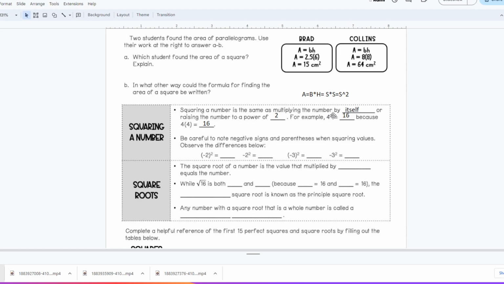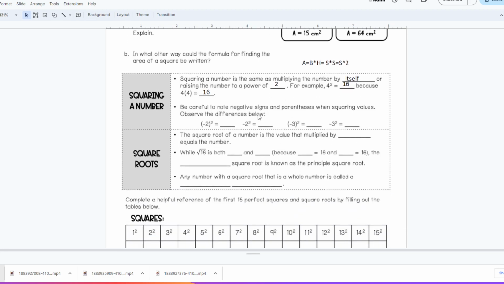So it's saying it wants 2 copies of 4. So 4 times 4 is 16. We've got 2 copies. If you have a different power, say 3, 4, 5, 6, you're going to have that many 4s. 4 to the 5th power is 4 times 4 times 4 times 4 times 4. Anyway, I think you guys get it.